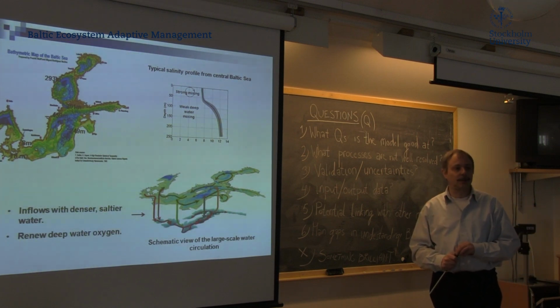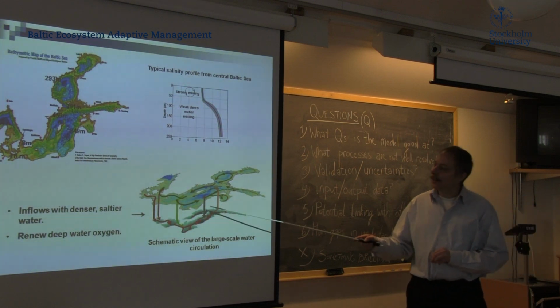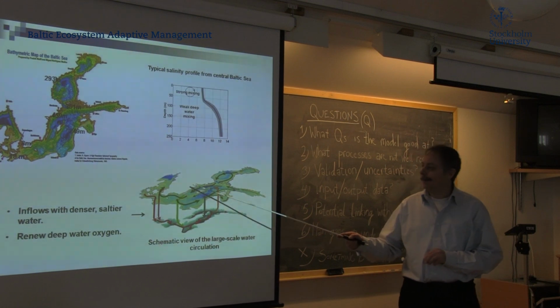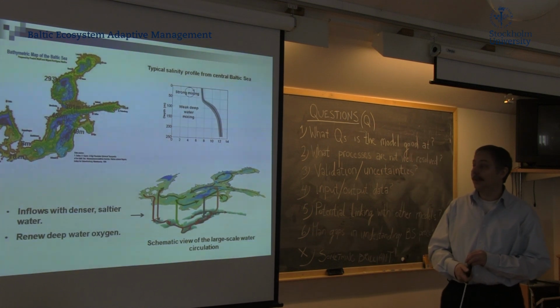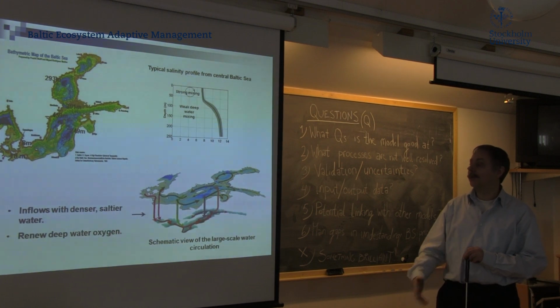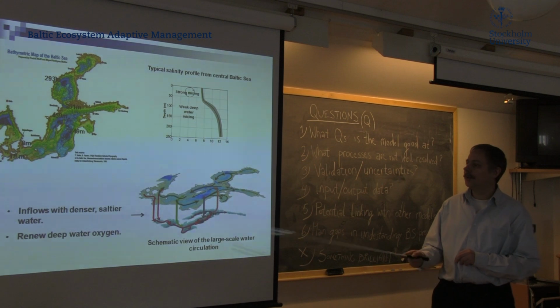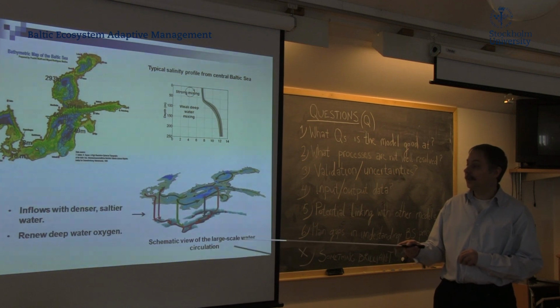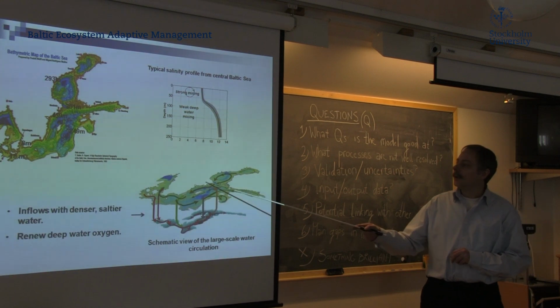It's only possible from theoretical reasons to determine such a circulation, and from models actually, where you have long records that you can average over all the high variability induced by the atmospheric forcing.